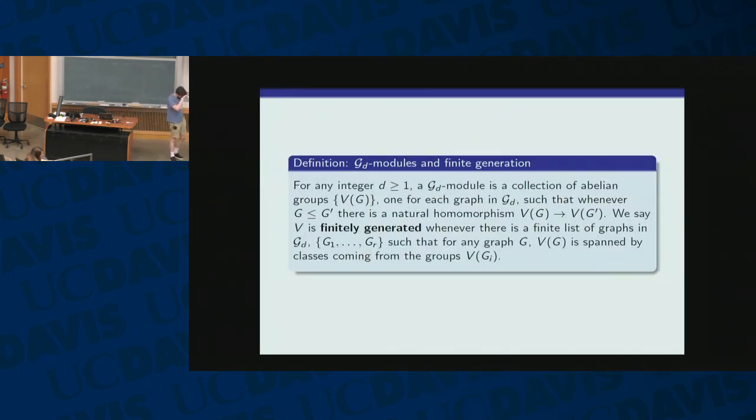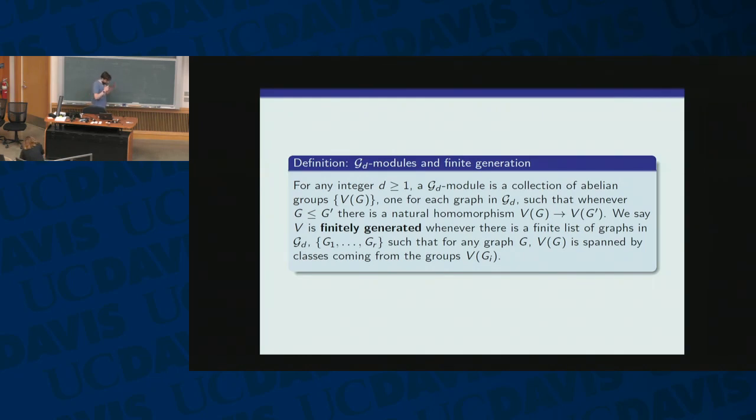Let me give the following definition. For any integer d, a GD module is a collection of abelian groups, VG, one for each graph in GD, such that whenever G is a minor of G prime, there is a natural homomorphism from VG to VG prime.